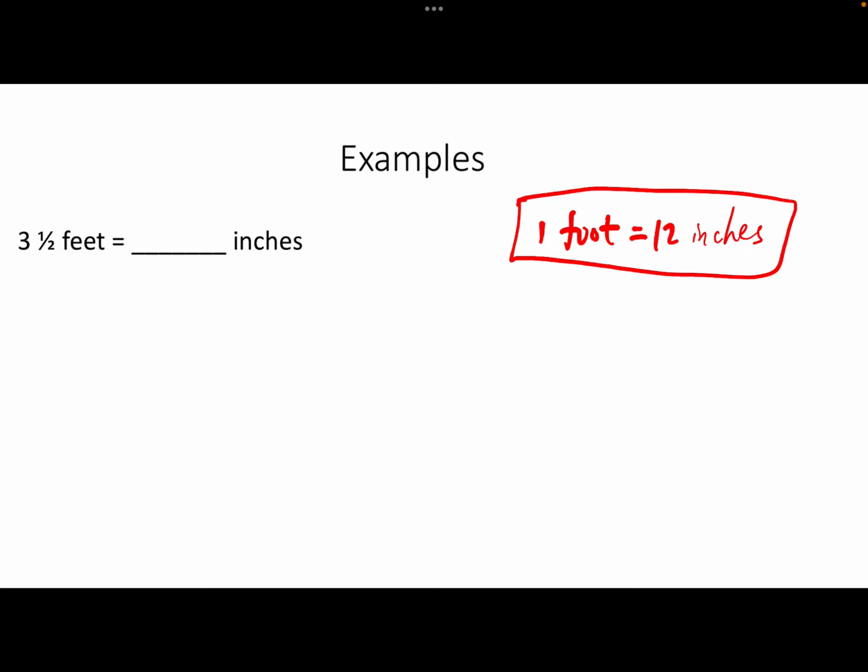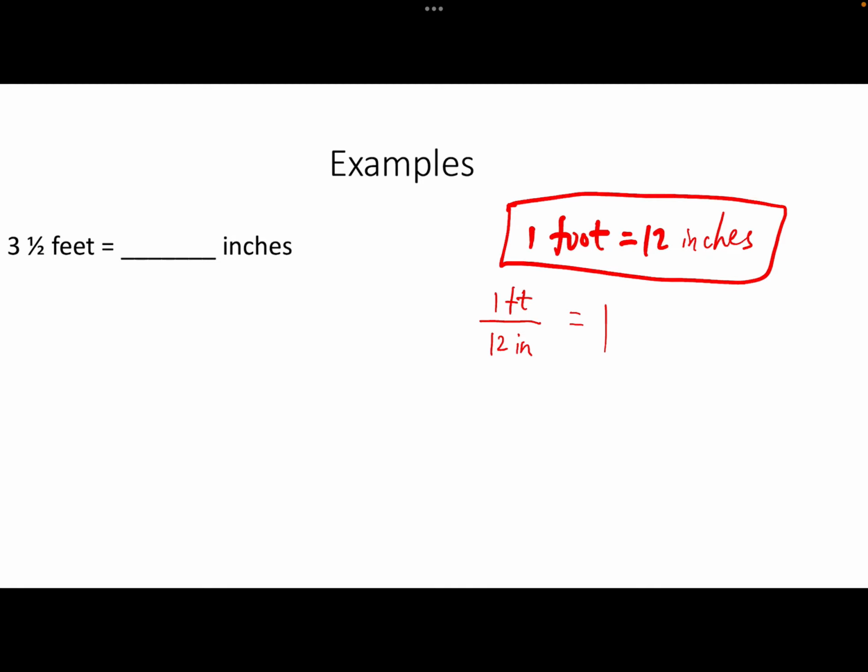We need to write the conversion factor as a ratio. There are two different ways to write it. One way, you put foot on the numerator and inch on the denominator: 1 foot over 12 inches. So the ratio equals 1, right, because they are equal. Or you can write it the other way around: 12 inches on the numerator and 1 foot on the denominator.